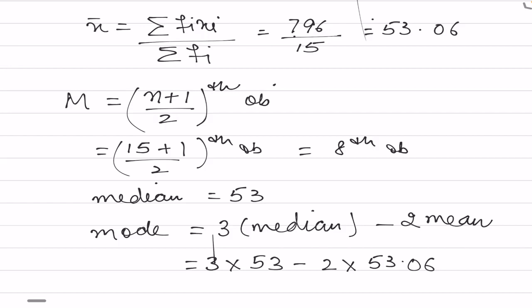We will substitute and solve. It's 159 minus 106.12. So the mode is 52.88. So this is the answer of this question.